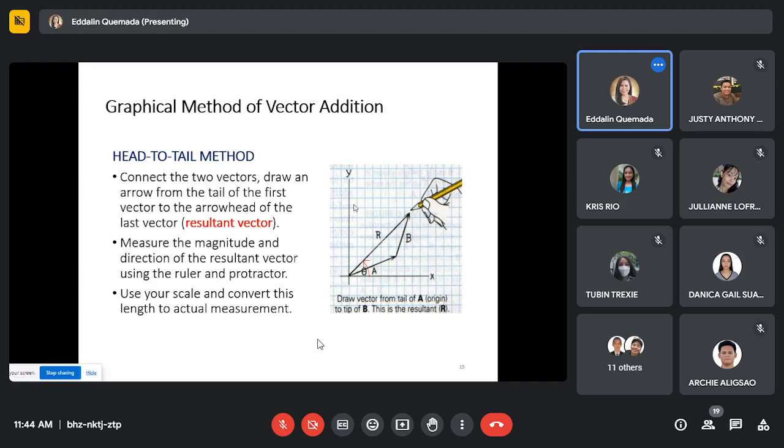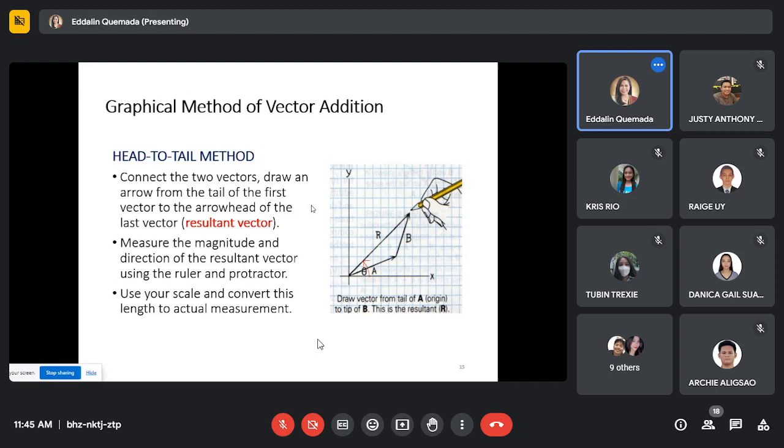Hello? Ano kinahanglan mag-scale? Mag-scaling mo because it will accurately represent the magnitude and direction.